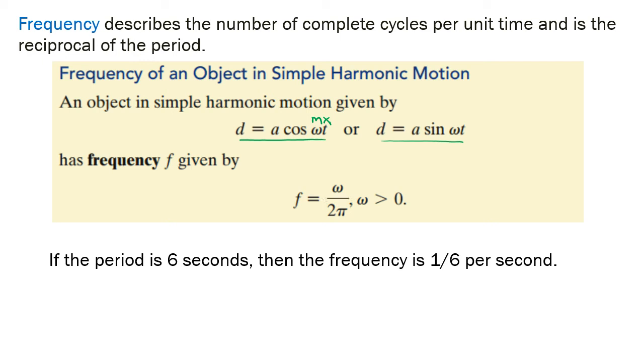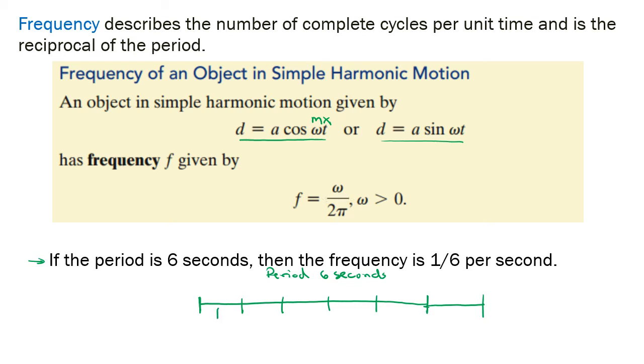So I think the easiest way to try to explain frequency is first look at a period. So if the period is 6 seconds, let's say that one period is 6 seconds. A frequency is taking that 6 seconds and breaking it up into individual seconds. So I'm going to break this up into 6: 1, 2, 3, 4, 5, 6.